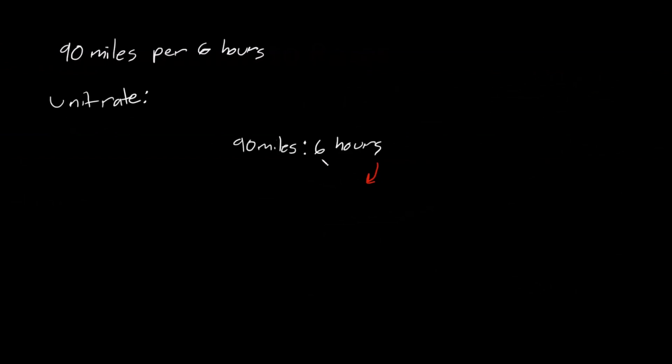Because any number divided by itself is equal to 1, so if we divide the hours by 6, we will end up with 1 hour. And since we did that to this part of the ratio, we're going to need to do the same thing to the other part. So divide by 6.